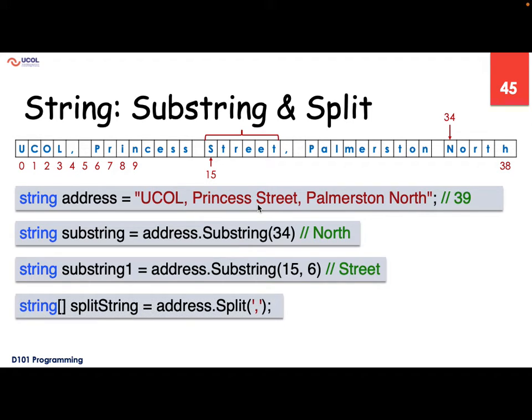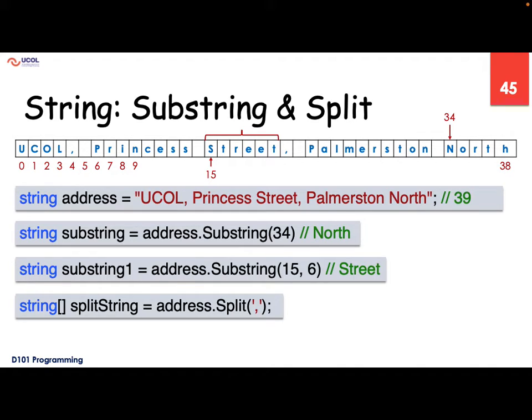Again, we can split. We can split that particular value based on any value. But here we have selected to split this string based on the comma. So look, how many commas do we have? After U call we have a comma.